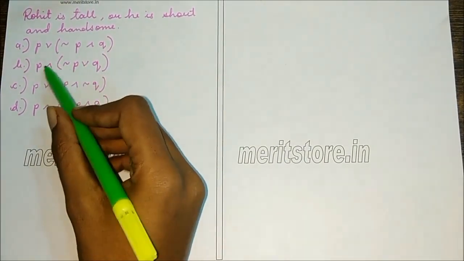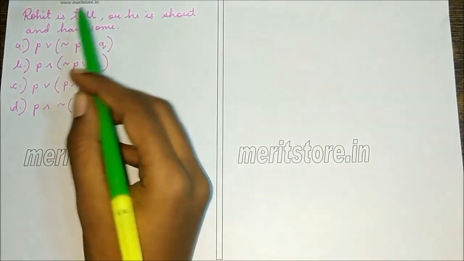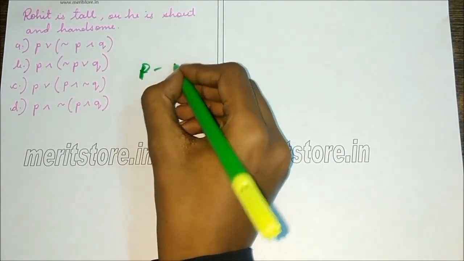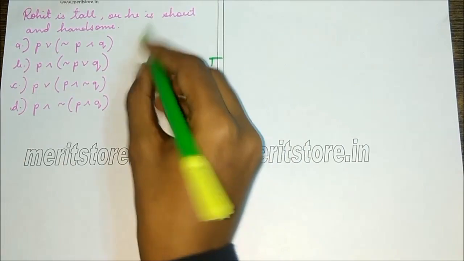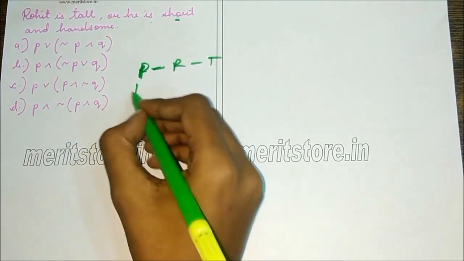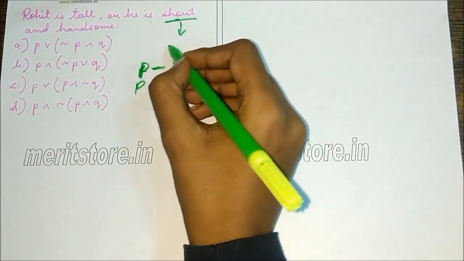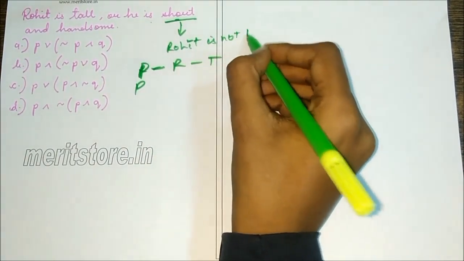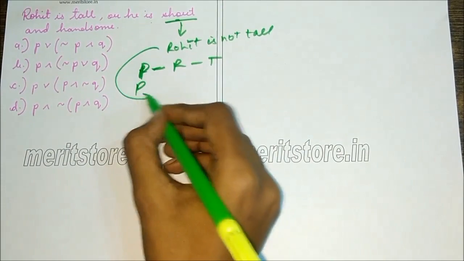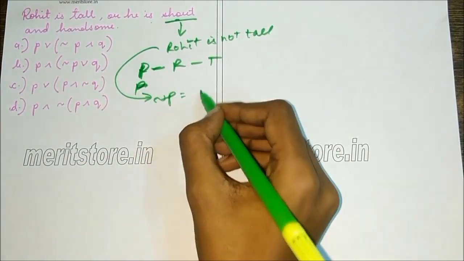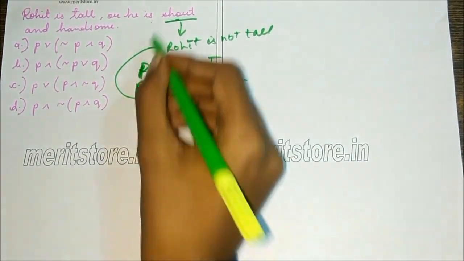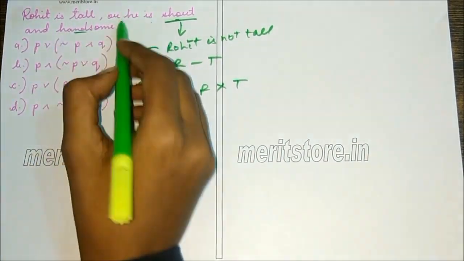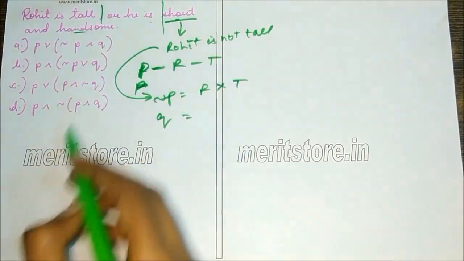Next statement is Rohit is tall or he is short and handsome. Rohit is tall is P. Rohit is short is synonymous to Rohit is not tall, which can be written as negation of P. Rohit is handsome is Q. So let's split the sentence.